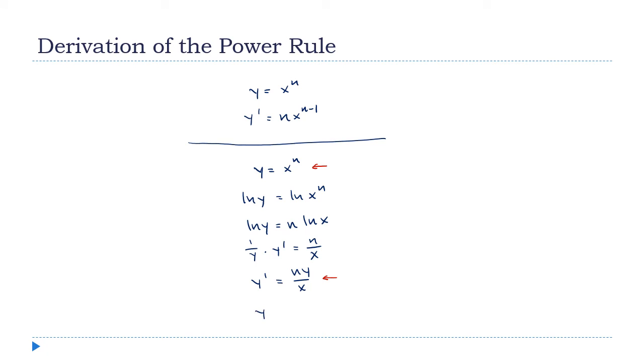And this becomes y prime equals n x to the n over x. Now I'm just going to apply our exponent rules. When you're dividing two exponents, you subtract them. So this is y prime equals n x to the n minus 1, and that was my formula. Really quick and simple once we have this implicit differentiation tool to work with.